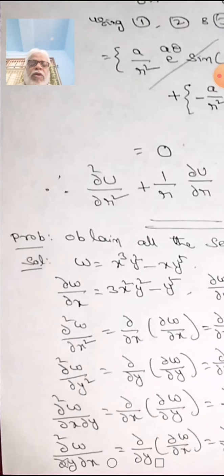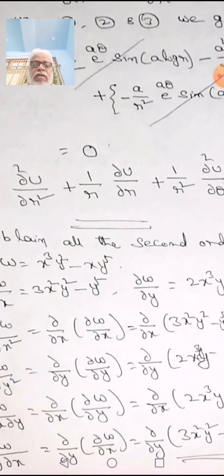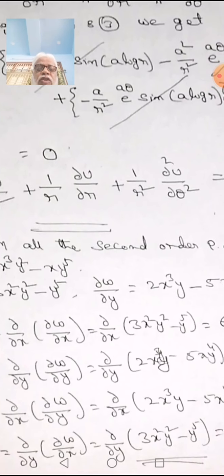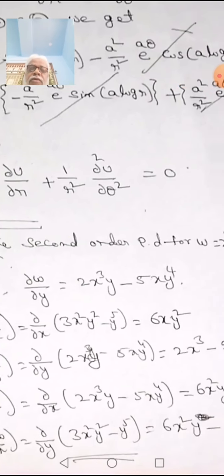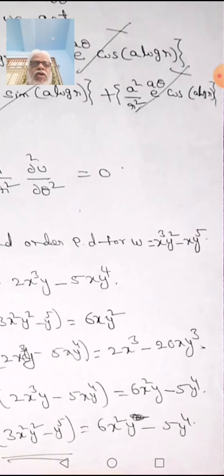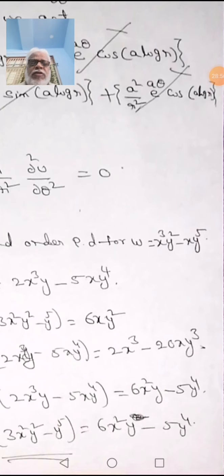This is the first second order partial derivative. Another one, ∂²w/∂y², is ∂/∂y of ∂w/∂y, that is ∂/∂y of 2x cube y minus 5x y power 4. It comes to 2x cube minus 20x y cube.